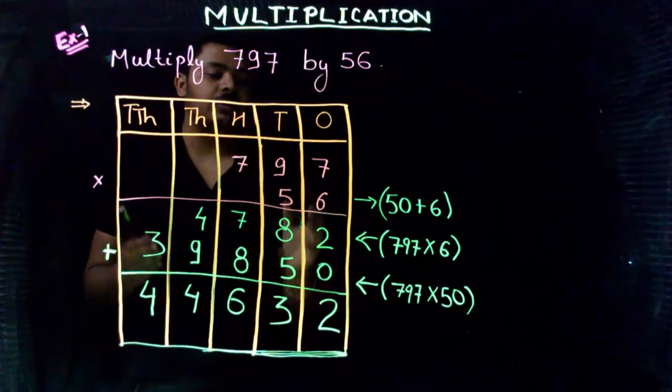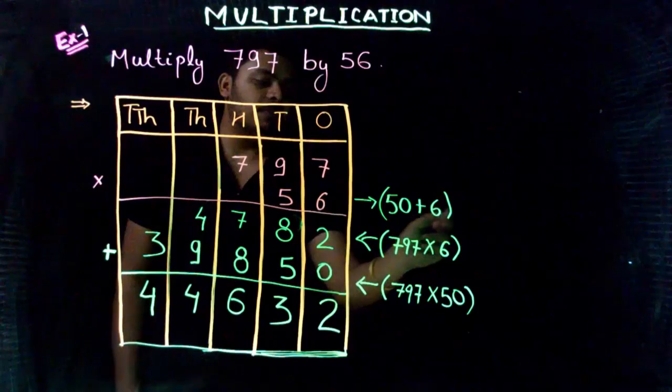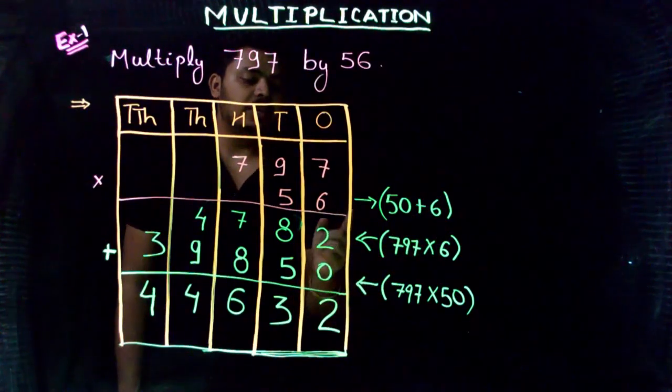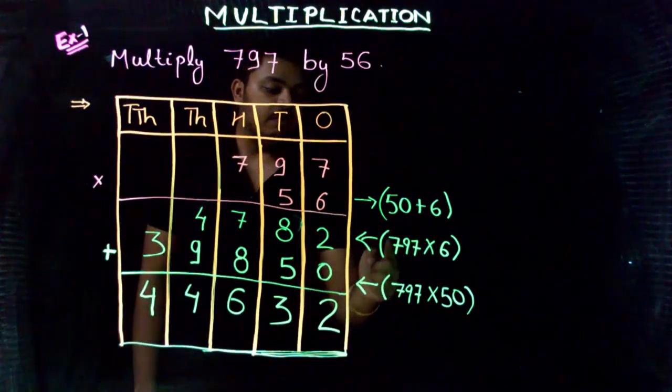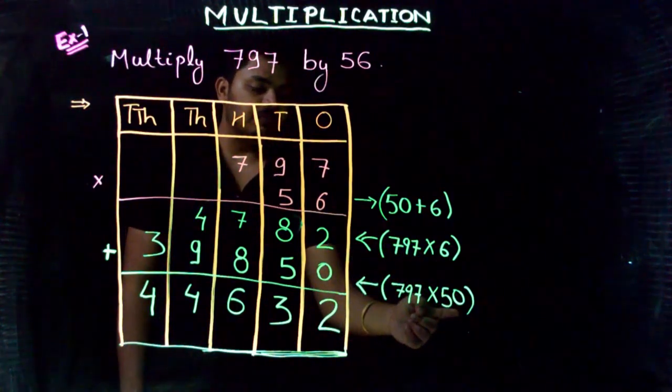First of all, what we need to do is divide our multiplier into 50 plus 6. So first we multiply our multiplicand with 6, then our multiplicand with 50.